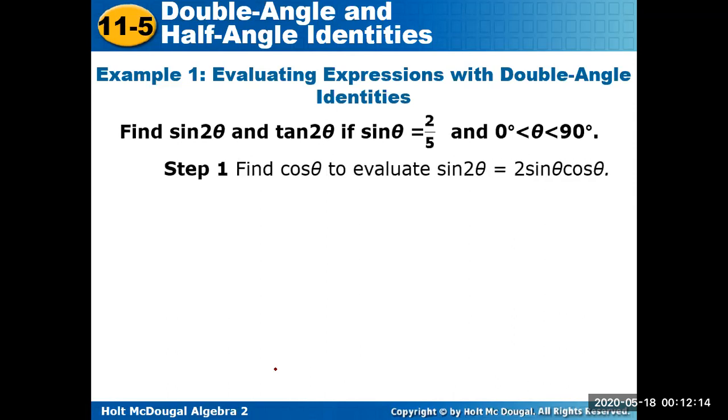To find the value of sine 2 theta, we know the formula is 2 sine theta cosine theta. I have sine theta, it's given, but the missing piece is cosine theta, so I need to find cosine theta.